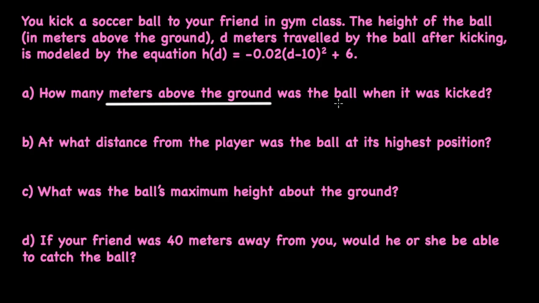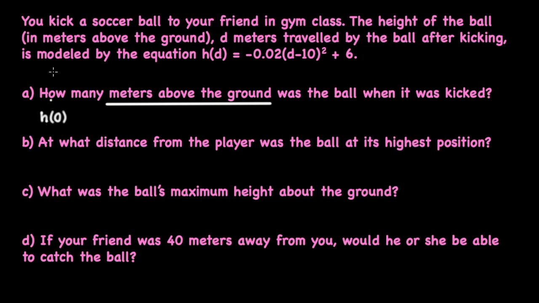And that's given in the second part of our problem, when it says when the ball was kicked. That means that there's zero distance after the ball was kicked, because the ball is getting kicked right in that moment. That means we plug in 0 for d to find h of d, or the height of the ball, in meters above the ground.